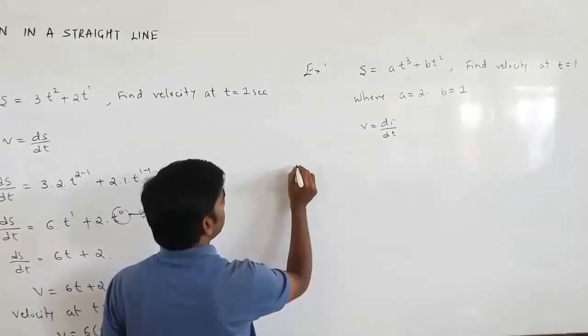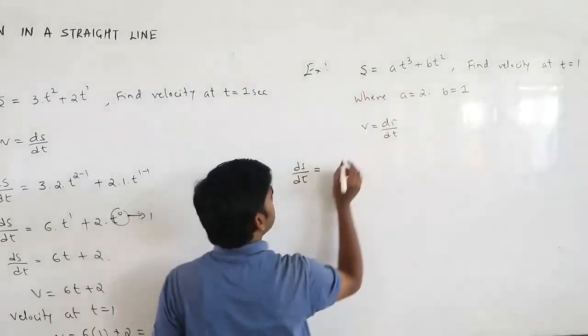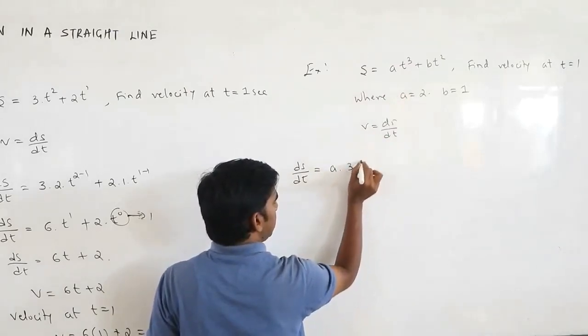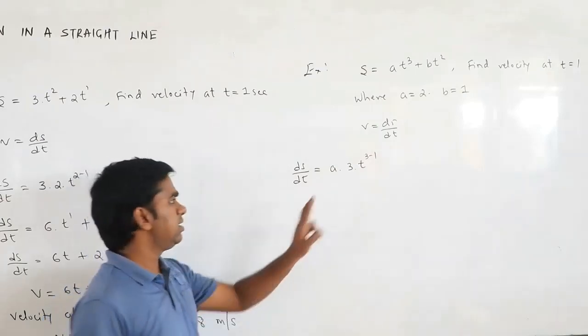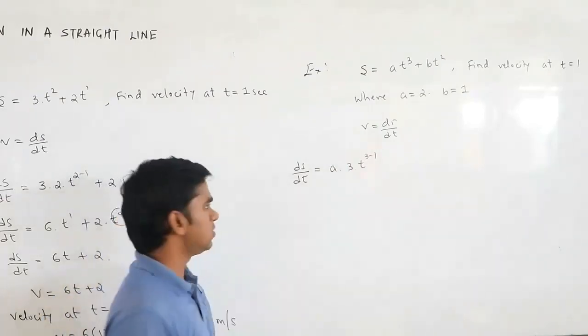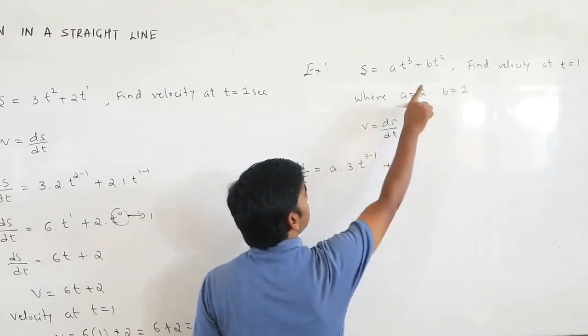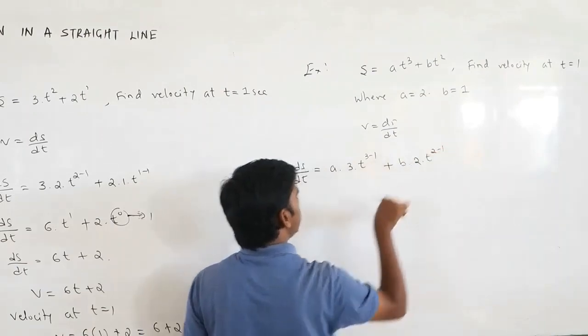So ds by dt is equal to a, which is constant, write a as it is, into 3 into t raised to 3 minus 1. You can directly write a into 3t squared. Next, plus b constant, into 2 into t raised to 2 minus 1.